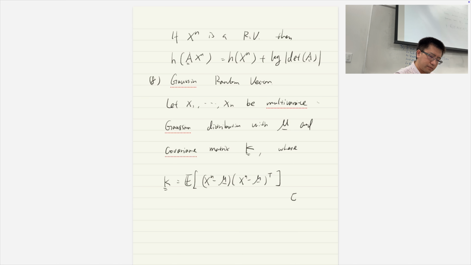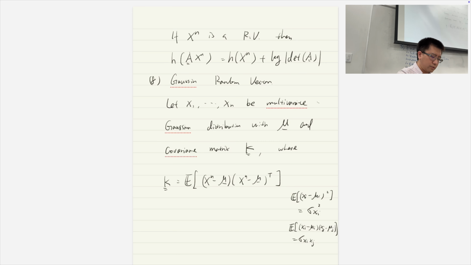If we denote (x_i minus mu_i) squared as sigma x_i squared, that's the diagonal of the matrix. And for the covariance, (x_i minus mu_i) times (x_j minus mu_j), we denote that as sigma x_i x_j.